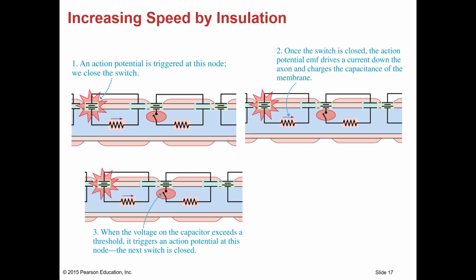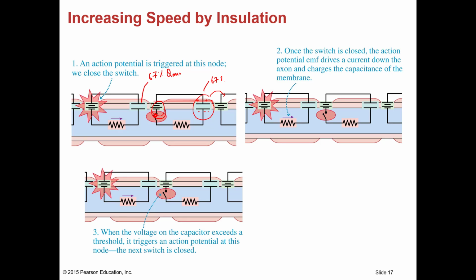When this one reaches 67% Q max, it will trigger this one. Now this one will close, and there will be flow of ions in this circuit that will fill the capacitor. When this one reaches 67%, it triggers the next one, and so on.